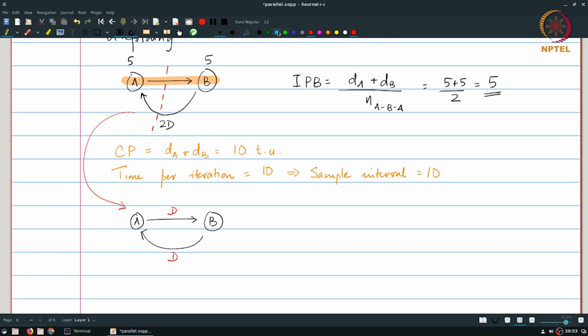The resulting system, of course, has a critical path equal to 5 time units, which means that the sample interval is also equal to 5 time units.